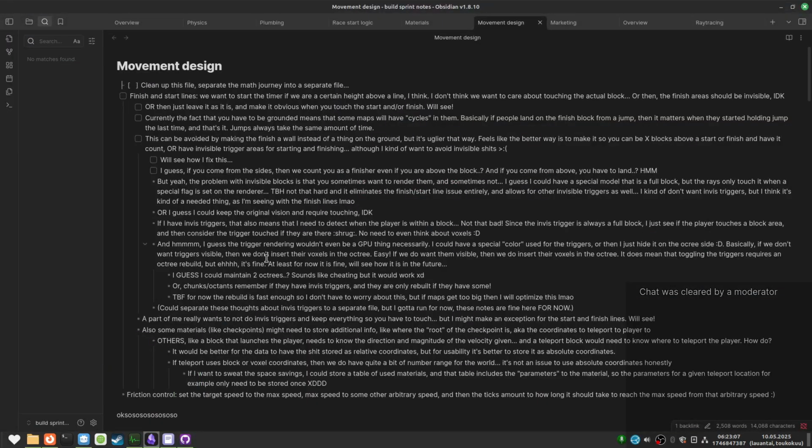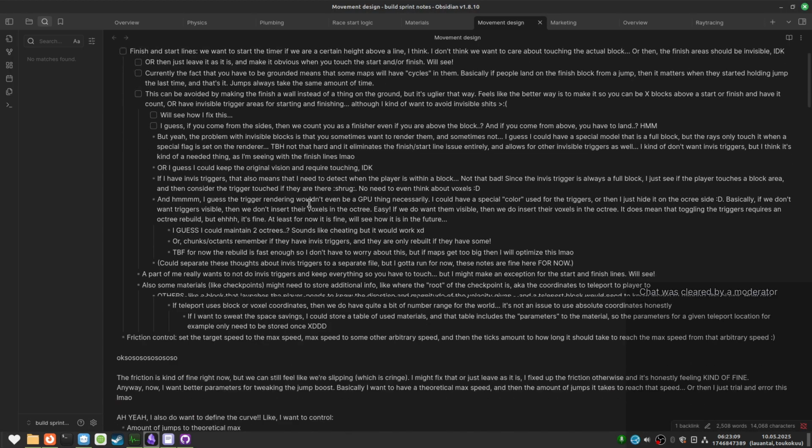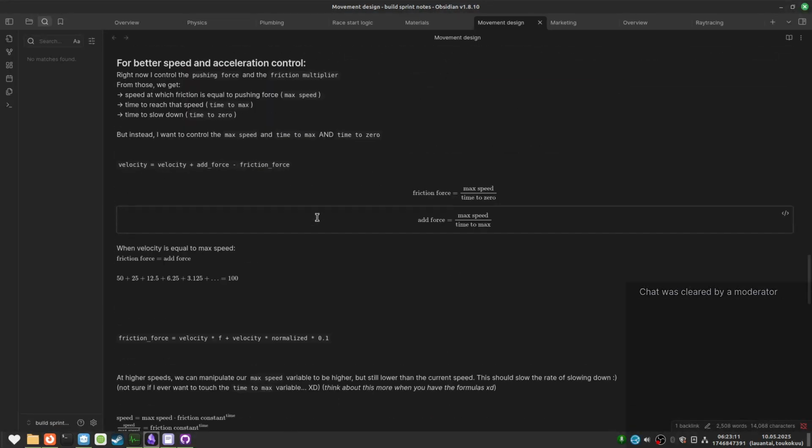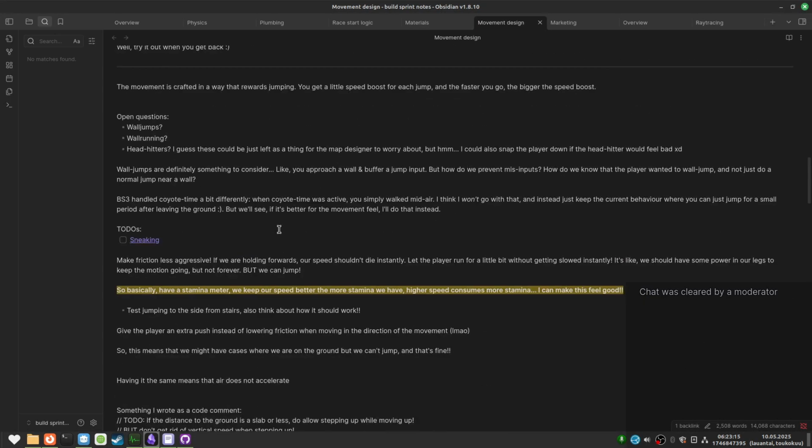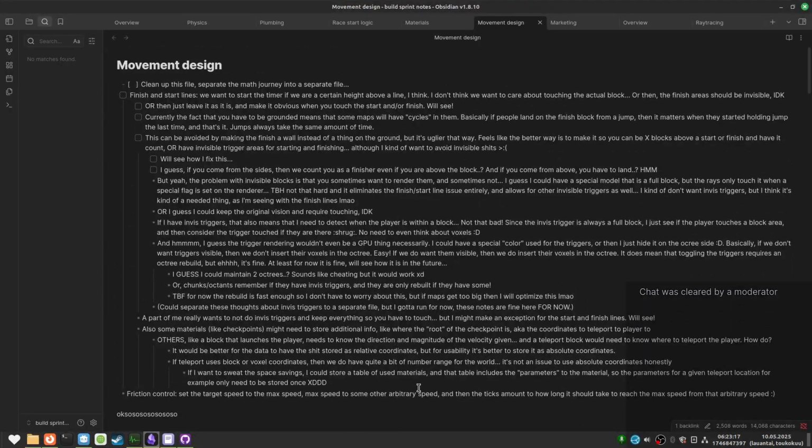Nice. Oh yeah, my current notes about the movement design are a bit disorganized. I've been thinking about the friction stuff. So, yeah. It's a bit of a mess. Right. But the moment I finish friction, I'm gonna come into these notes and just clean it up.